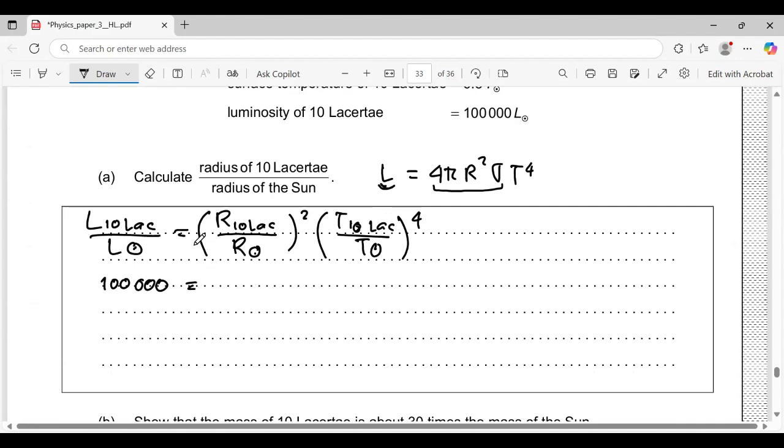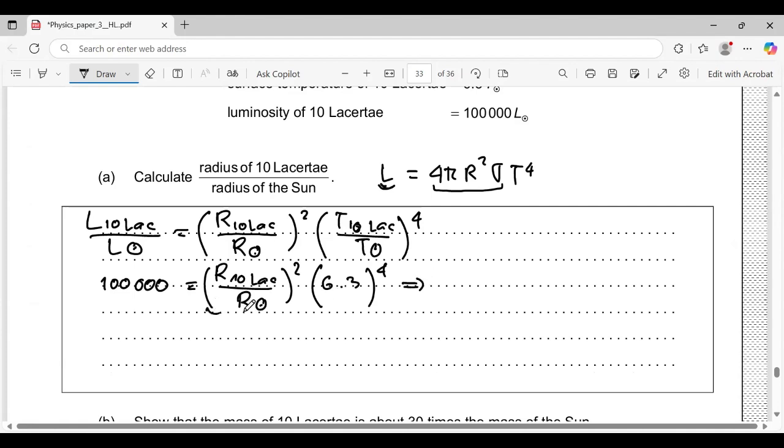And we're going to find this, R of Tentacle T over R of the sun, squared, times this one, where the value of the number is 6.3 to the power 4.